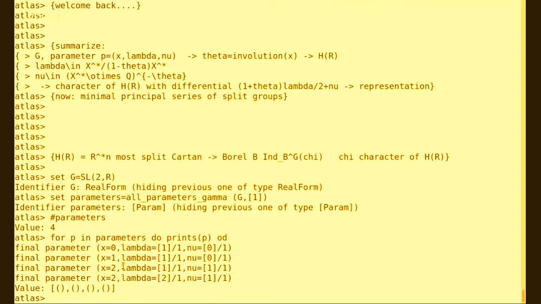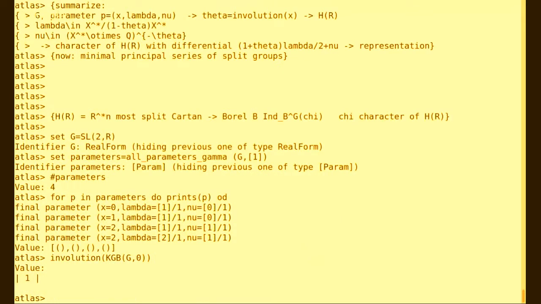So as I said before, well, now we understand a little bit more. These X's are giving you the Cartan involutions of the Cartans. So let's see, what is the involution of KGB element 0? And that's 1.